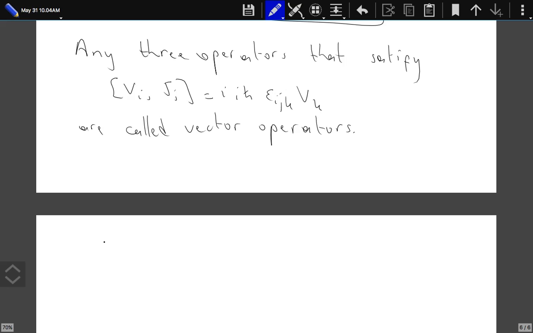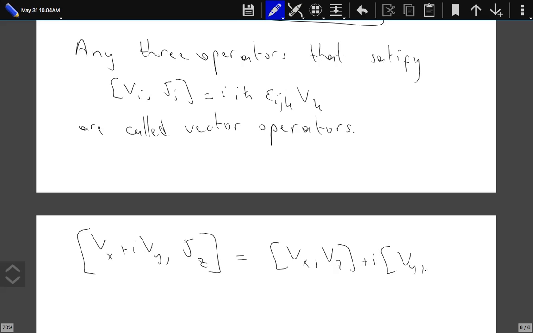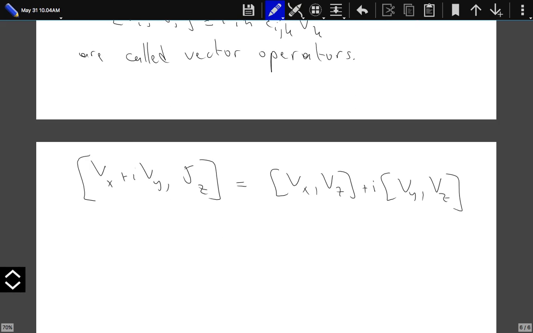Now, let's look at the commutator of Vx plus i Vy with Jz. Well, this will be i h bar epsilon. Now, let me write. This is Vx Jz plus i Vy Jz.